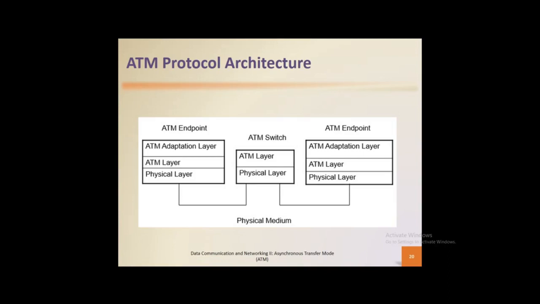And then once that is addressed, it hands it off to the next hop on a device transmission, or the next device at the other end. And then the information just continues the same process again. It goes from the physical layer, the ATM layer, and then the adaptation layer, where the user actually gets the data itself. The terminal receives the data itself. Okay.